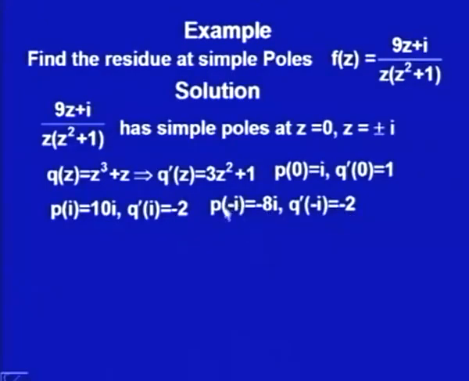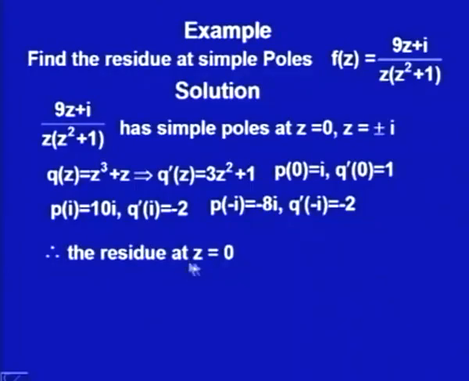So this function is of the form p(z) upon q(z). It has simple poles at 0 and plus and minus i. Moreover, at all these pole points, the numerator is not 0. So we just go with the second method.